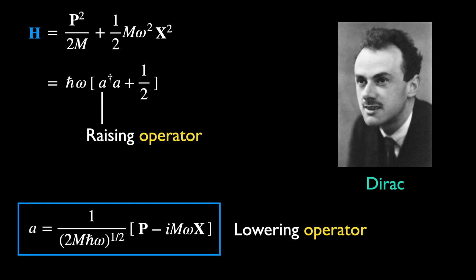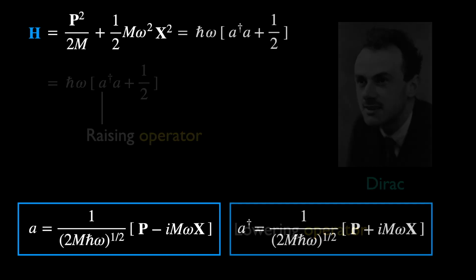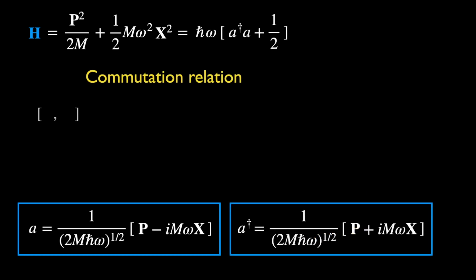At this point, we essentially have the entire set of eigenvalues and eigenvectors of H. All we need is the commutation relations between A and A dagger, as we shall see. This commutator is only dependent on the commutator between X and P, since the rest are all zero.